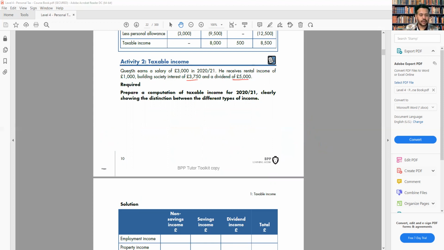So rental income, we understand this is non-savings. Then building society is savings and dividend is dividend. So you understand that. And have a salary 3,000. This is also non-saving. Okay, so let's have a look to the solution box and go there.